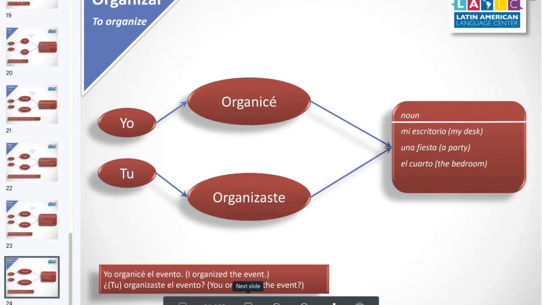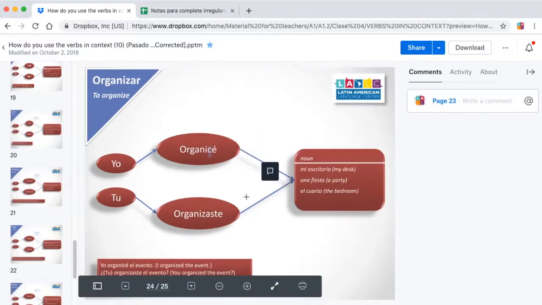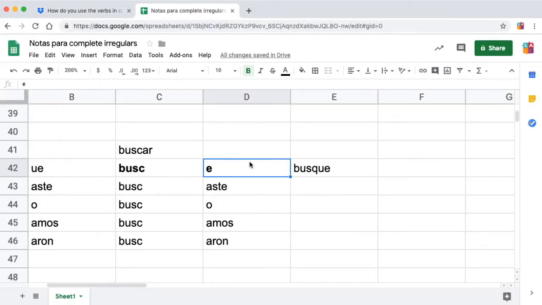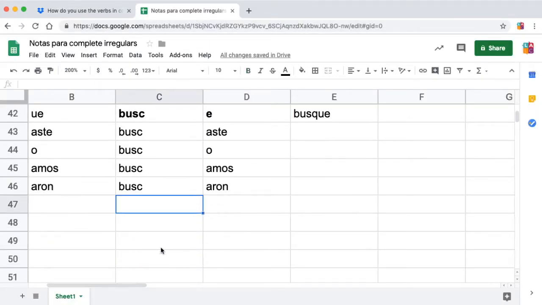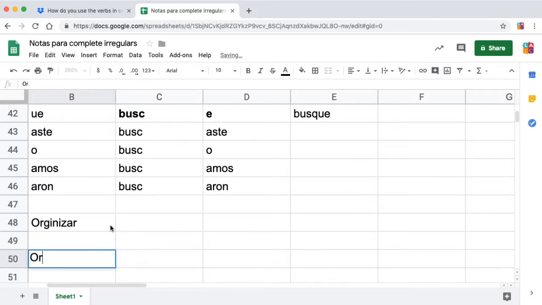And the same happened with organicé. Okay, yo organicé. Organizar, as you could see, is written like this, okay? So this is just changing in Spain. That's what I don't really care about. This means to organize.